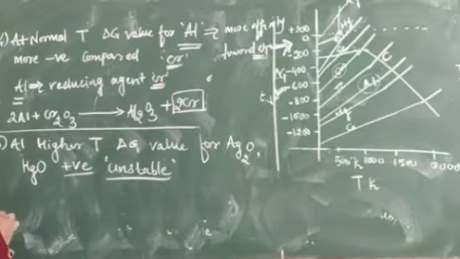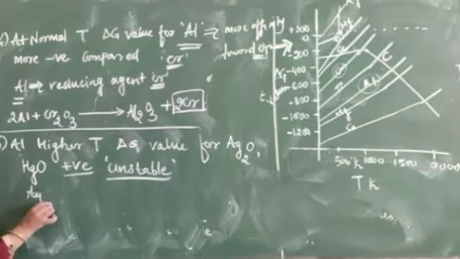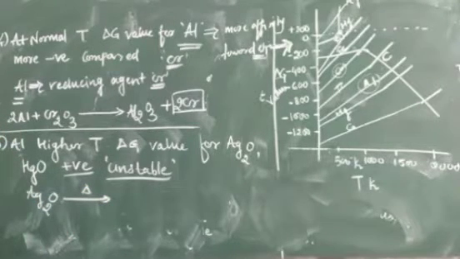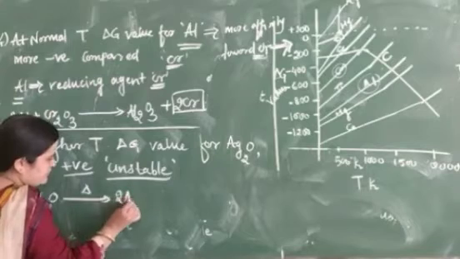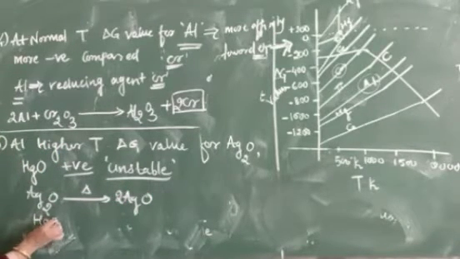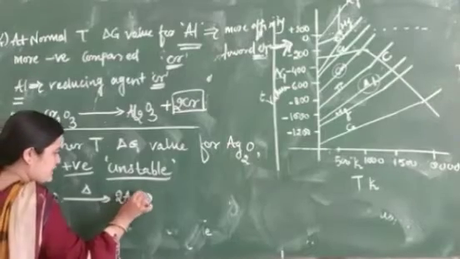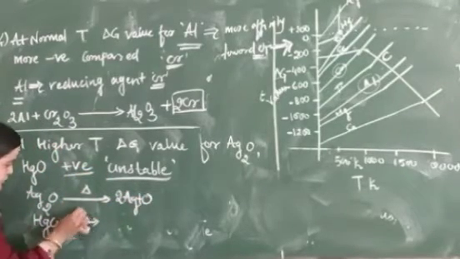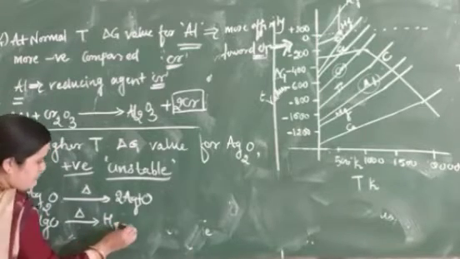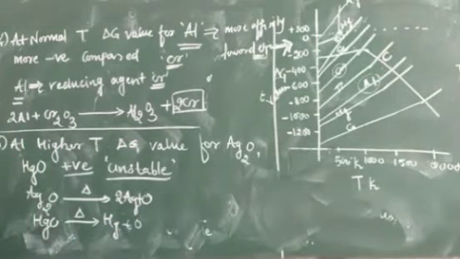So how can they be decomposed? Just to see here, Ag2O, when you heat this, what will it form? 2Ag plus O. And HgO, when you heat this, Hg plus O will form.